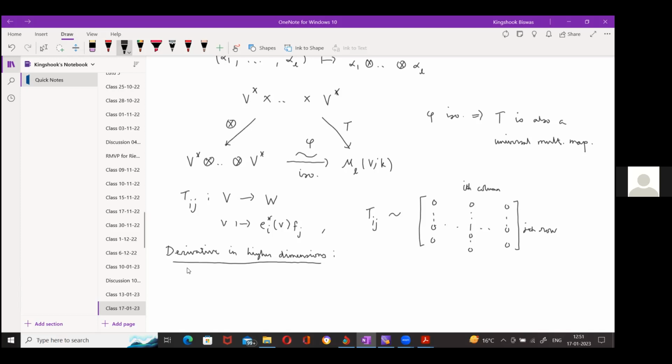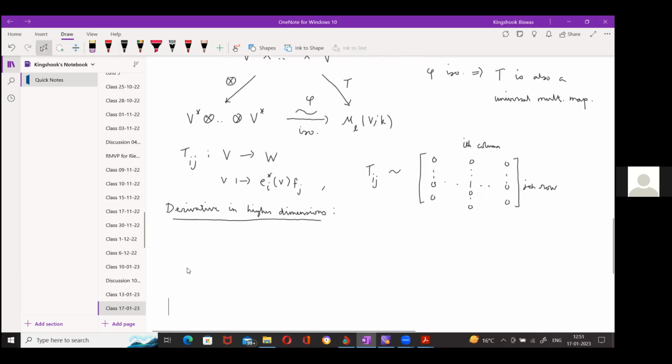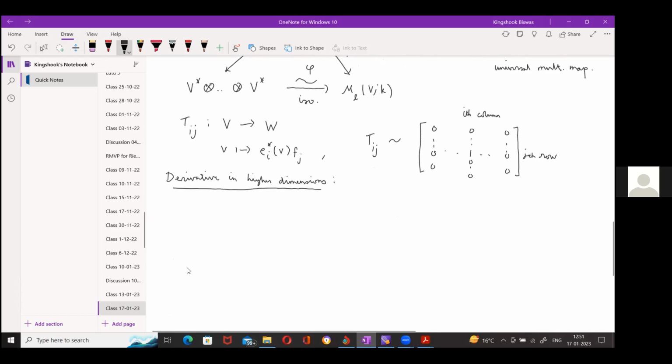All right. So first, let's look at the simplest example. So suppose f from R to R is a differentiable function.